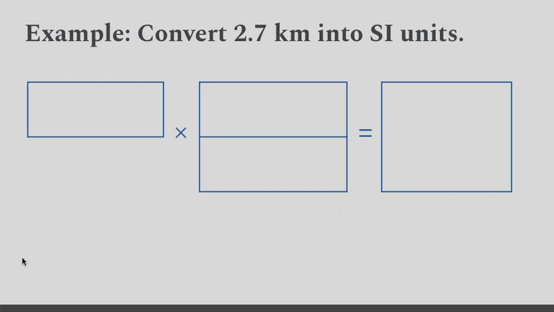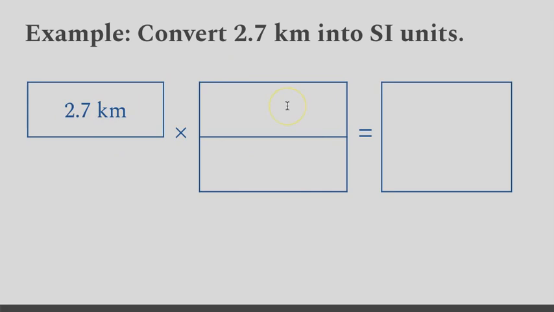So let's say we're trying to convert 2.7 kilometers into SI units. First, we have to remember that SI units are the units that you're supposed to use when solving physics questions. So instead of kilometers, I'm supposed to be using meters. So I want to try to convert 2.7 kilometers into meters. The way this graphic organizer works is I put in my starting value here, 2.7 kilometers, and my conversion factor goes here.